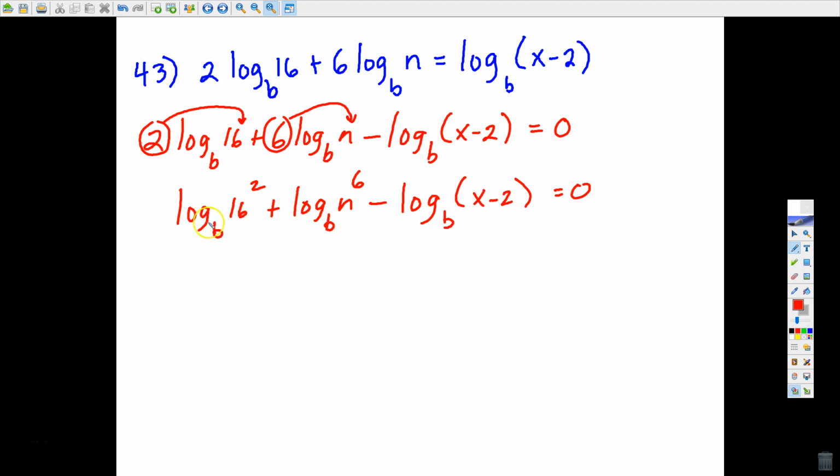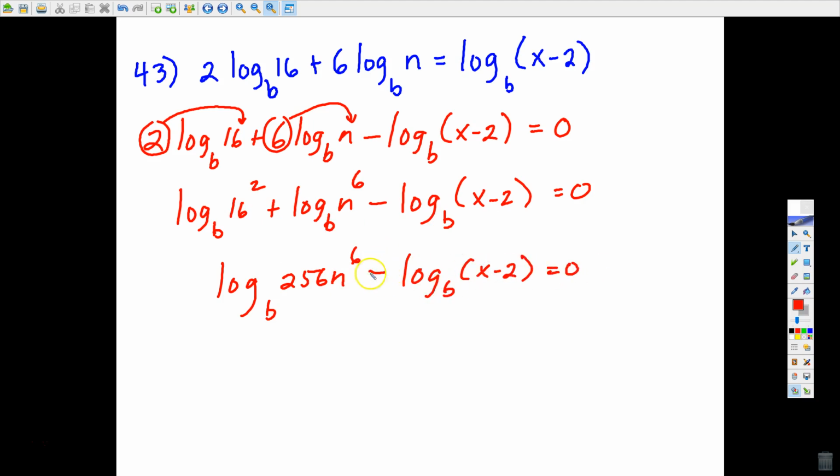Well, these first two, again, just take them two at a time, going left to right, and these are added, so I can join these together using multiplication. That's the product property. Log base b, and we can go ahead and find out what 16 squared is. 16 squared is 256 n to the sixth. And then I'll just bring down this other part.